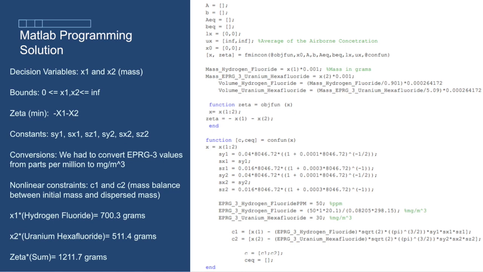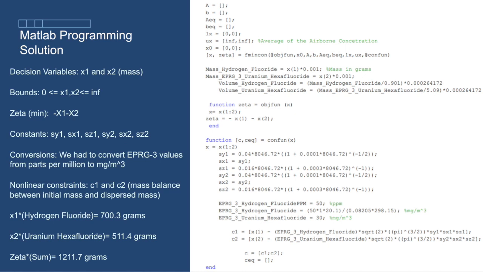We have a bunch of constants defined, sy1, sx1, sc1, sy2, sx2, and sc2. And we have the conversions between parts per million to milligrams per meter cubed. Our nonlinear constraints are C1 and C2. These are the mass balances between the initial mass and the dispersed mass, just as Robert mentioned.